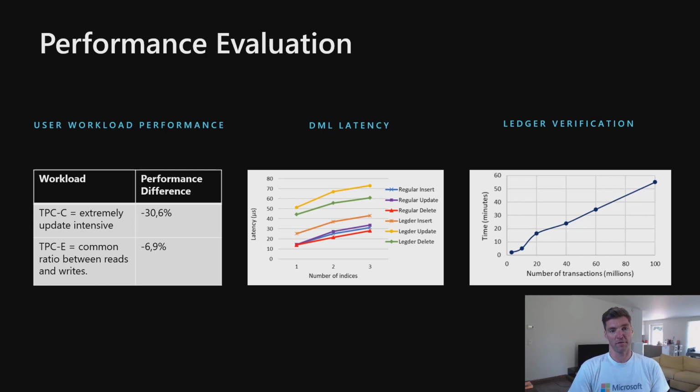Despite the performance degradation compared to a traditional SQL table, Ledger was able to scale up to 72 physical cores on a workstation without running into any bottlenecks and achieve a throughput around or even above 70,000 transactions per second for the TPC-C-like transactions.